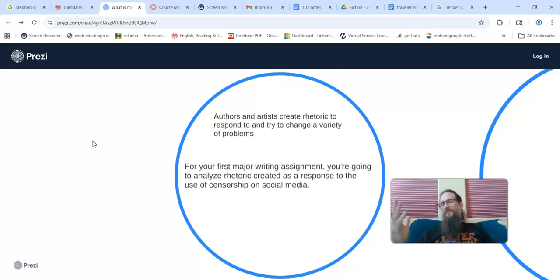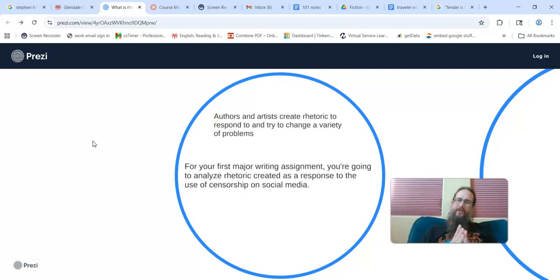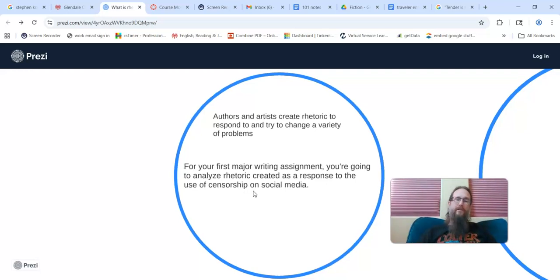And anytime we have a piece of rhetoric like an opinionated article like that, they're always developed in response to some kind of event, right? And so for your focus, the event is the assassination of Charlie Kirk. In prior classes, it was about censorship on social media, particularly during the COVID era.